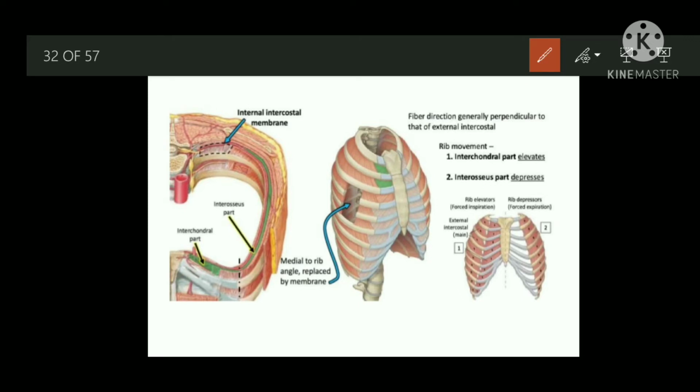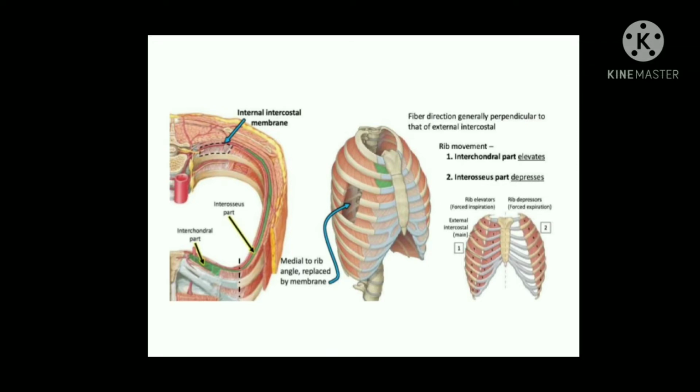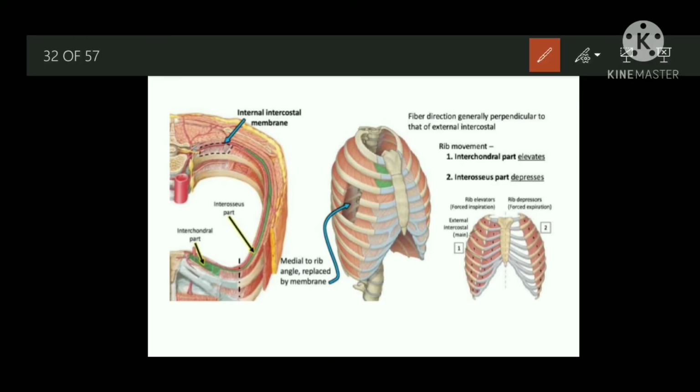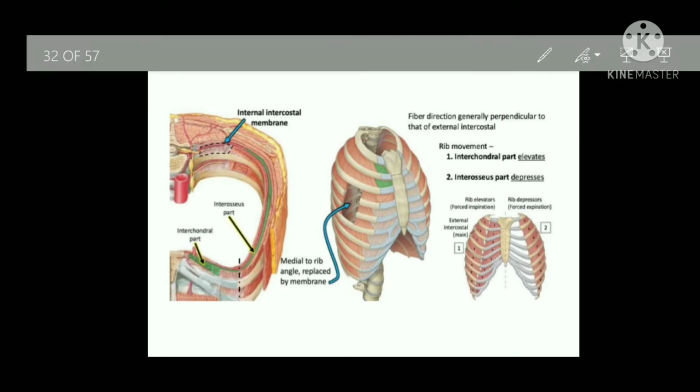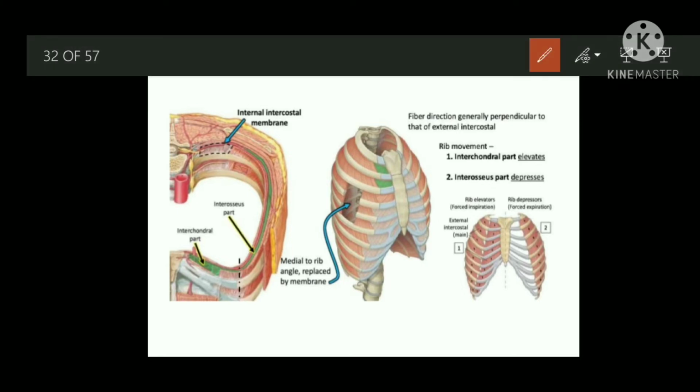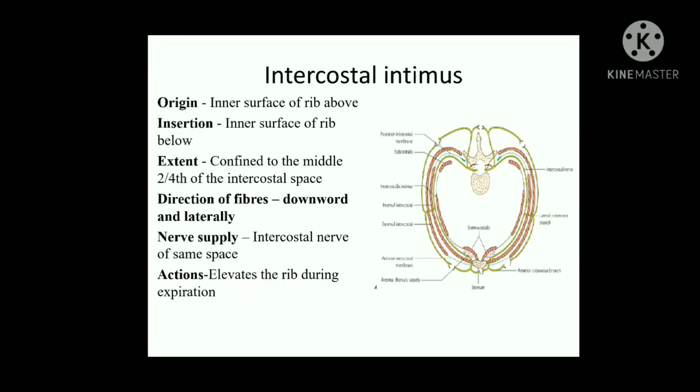Now in this diagram, there is an internal intercostal muscle that extends from the lateral border of the sternum up to the angle of the rib, where it is replaced by the internal intercostal membrane. Interchondral part along with the external intercostal muscle helps in the elevation of the rib, and interosseous part helps in the depression of the rib.